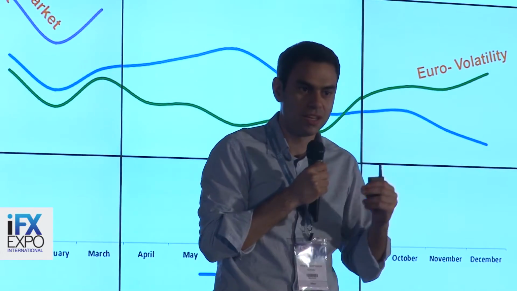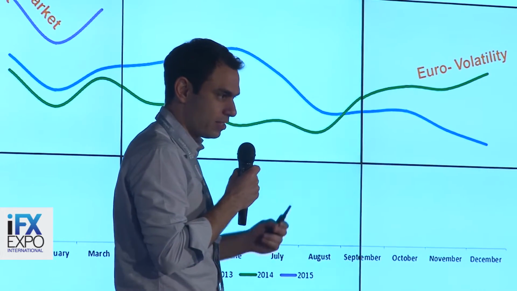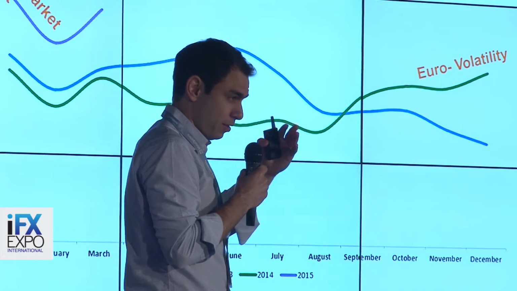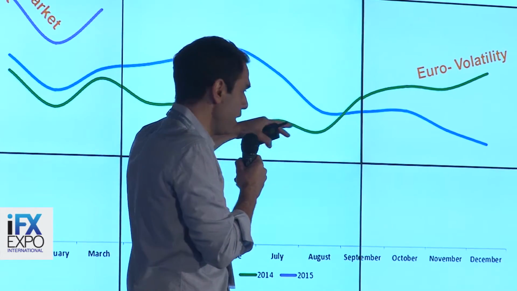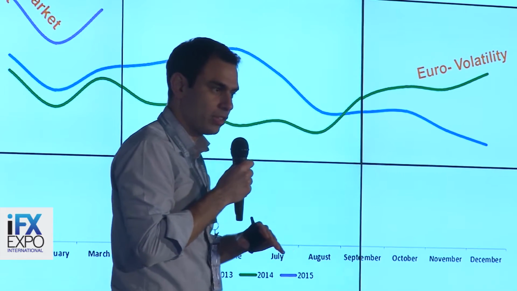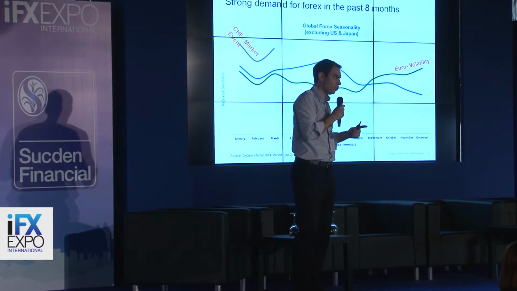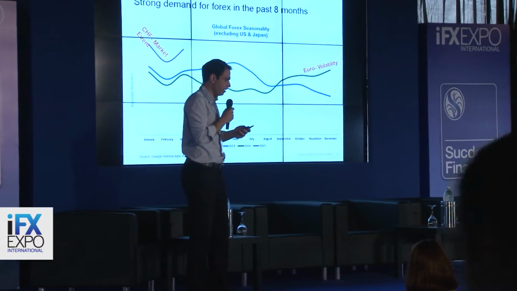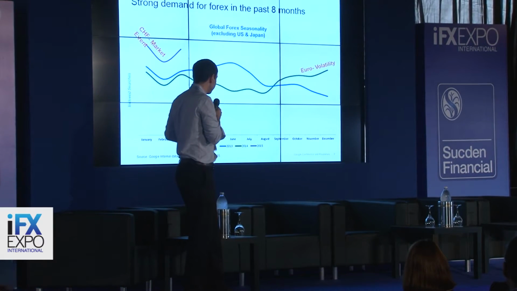So the first 8 months were slow, low volatility, and then in the summer, euro dollar, the euro starts going down, volatility starts, oil starts going down, so we see people searching more and more for Forex online. Same thing with the CHF Euro event early this year in January. We saw people really searching and wanting to trade online.